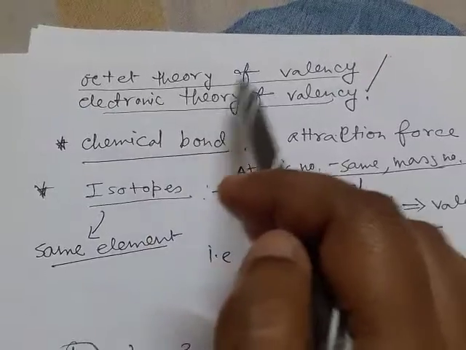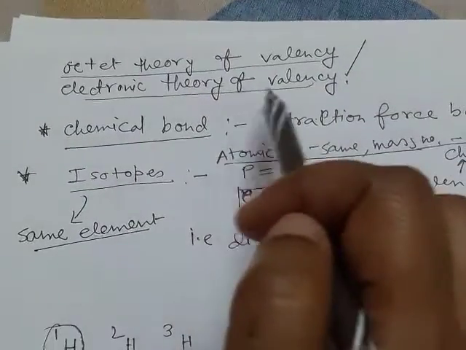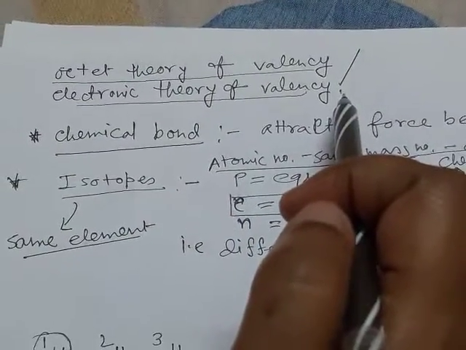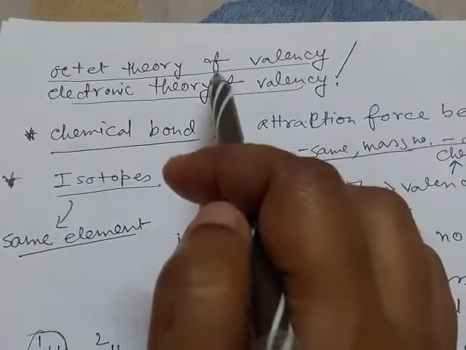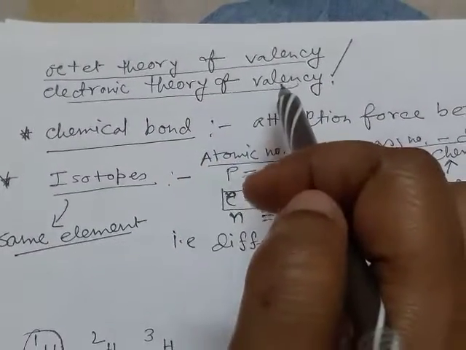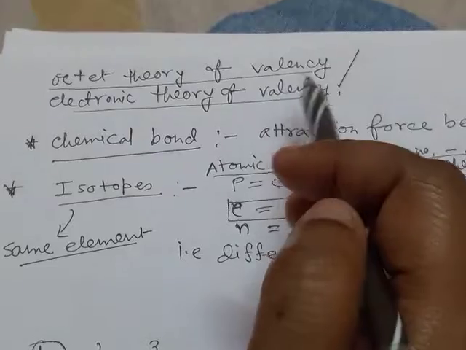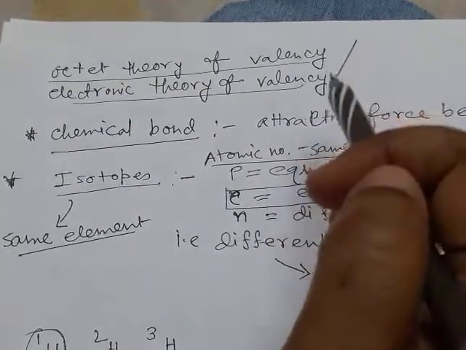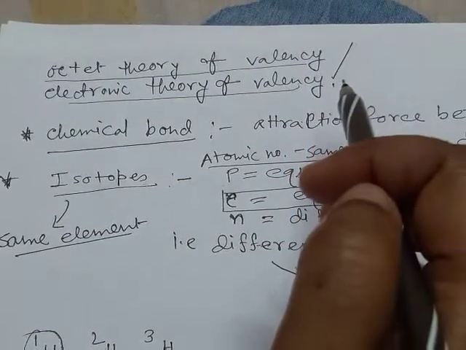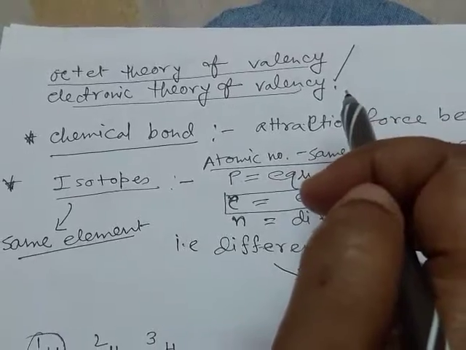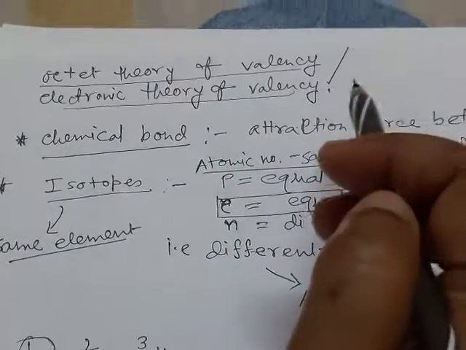So from the octet theory of valency, or electronic theory of valency, atoms which have an unstable electronic configuration always have a tendency to attain a stable electronic configuration through bond formation.